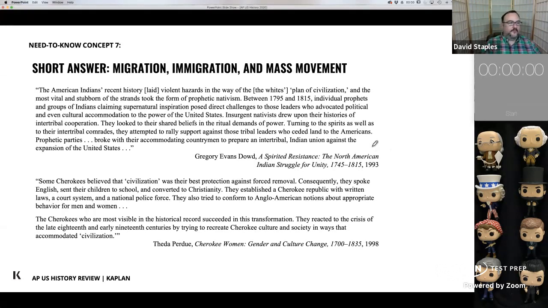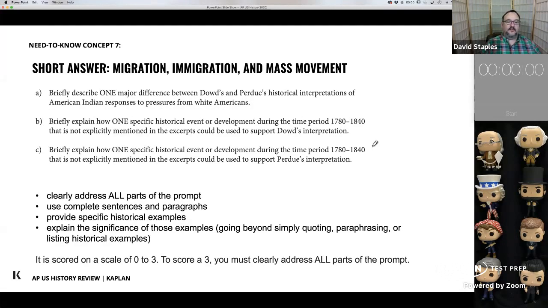Okay, so we've read these two different positions. We're going to have to figure out what the difference is. These are going to be the questions, and we don't know exactly what this will look like on test day, but we can recognize that the way to prove you know content is to demonstrate it by connecting things together.